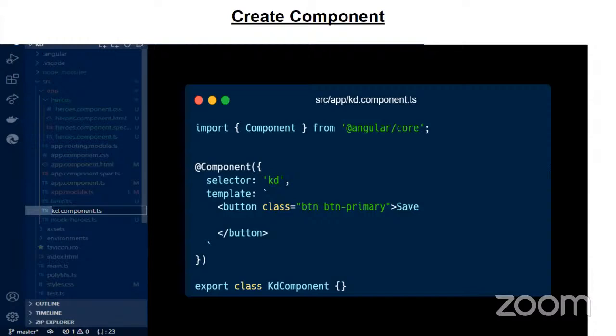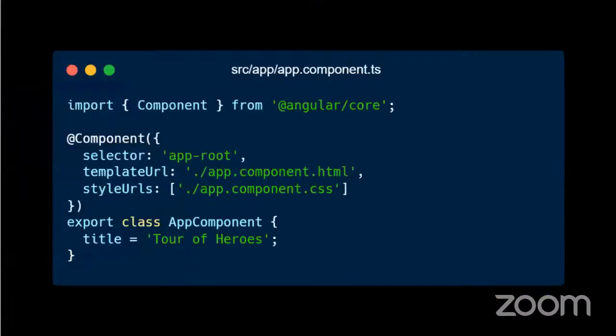Specifically, what I do here is to make a button. The function of this component is to create a button. Then we also delete most of the files that come as default with the Angular installed on our machine.